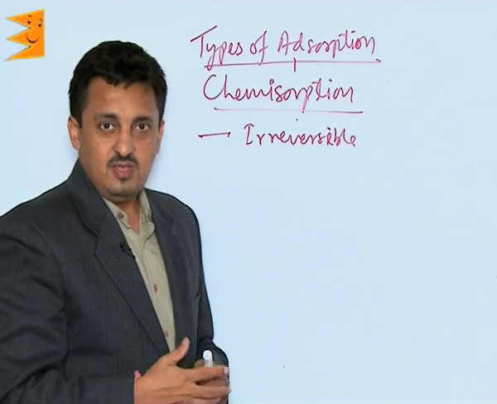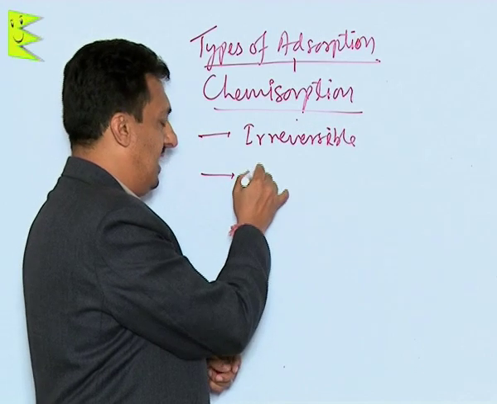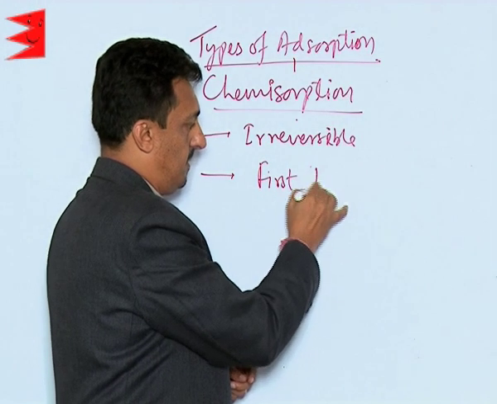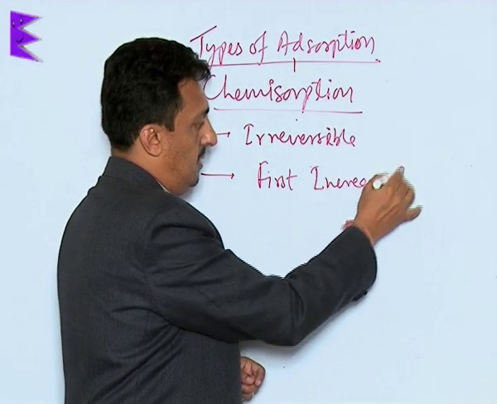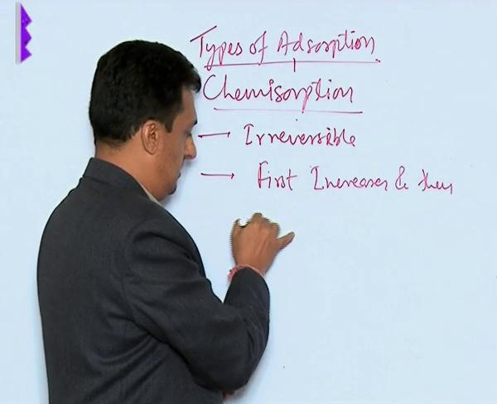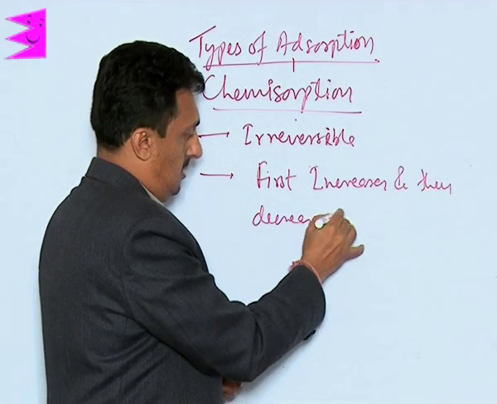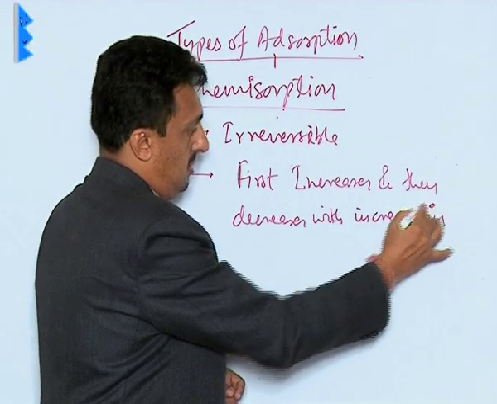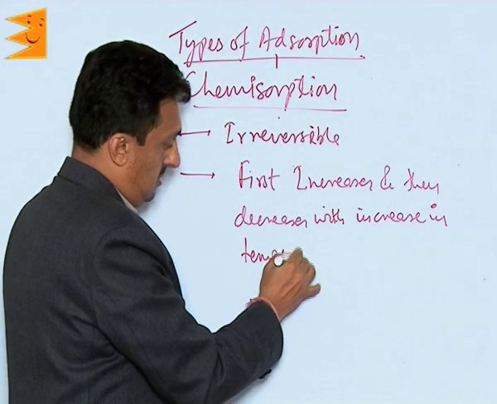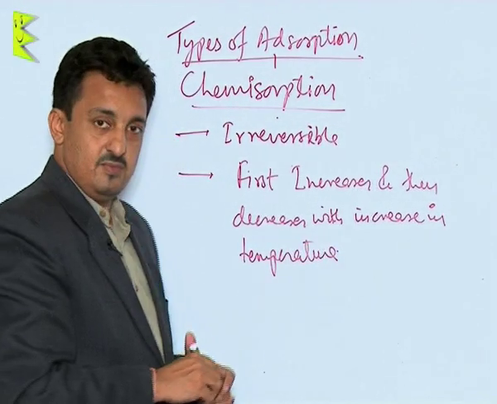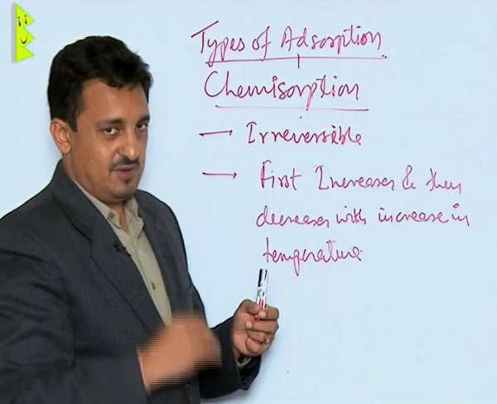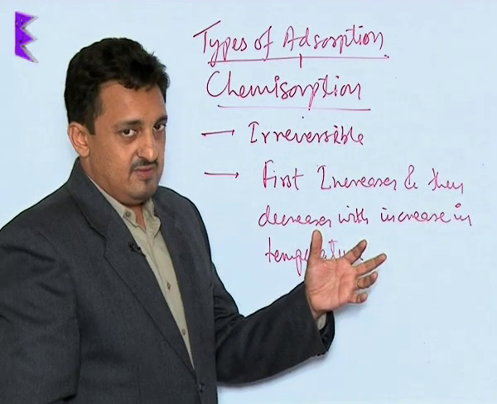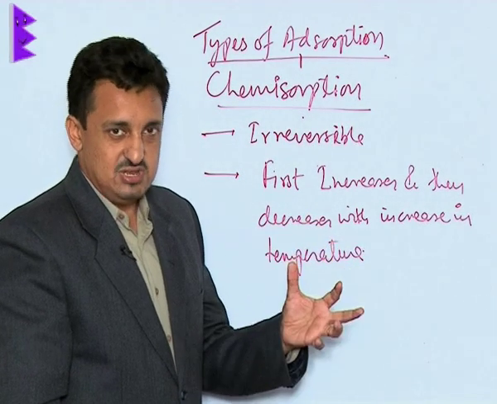They are very strong. And then what we find is, they first increase and then decrease with increase in temperature. The reason is that up to a certain temperature, the energy provided acts as activation energy.